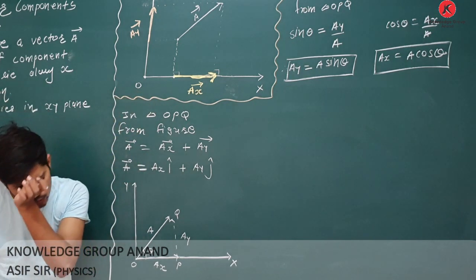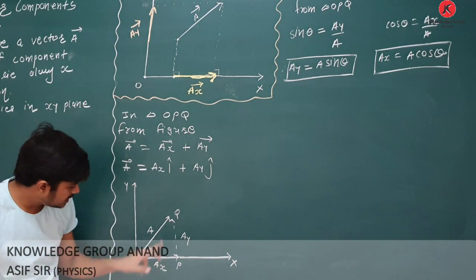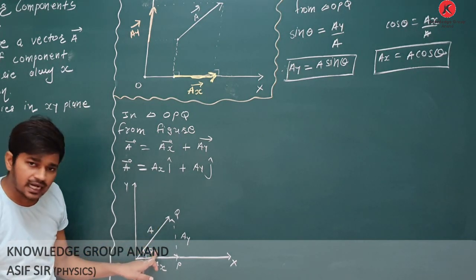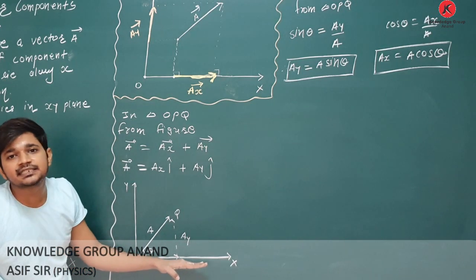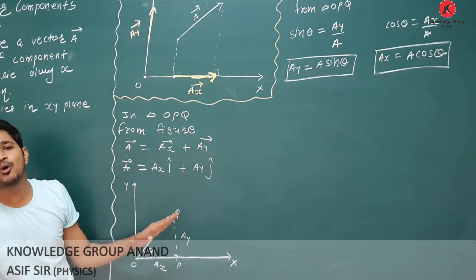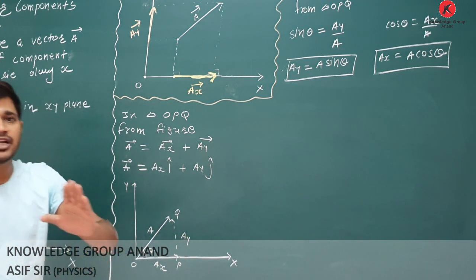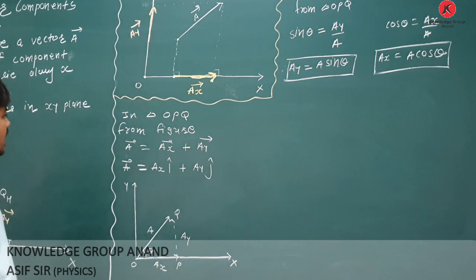And yes, one important point that you have to remember about cos and sine. This vector A makes angle theta with the x-axis. So the component along the x-axis is A cos theta and the other component is A sin theta. Clear about this? So yes, it is resolution of a vector into perpendicular components.